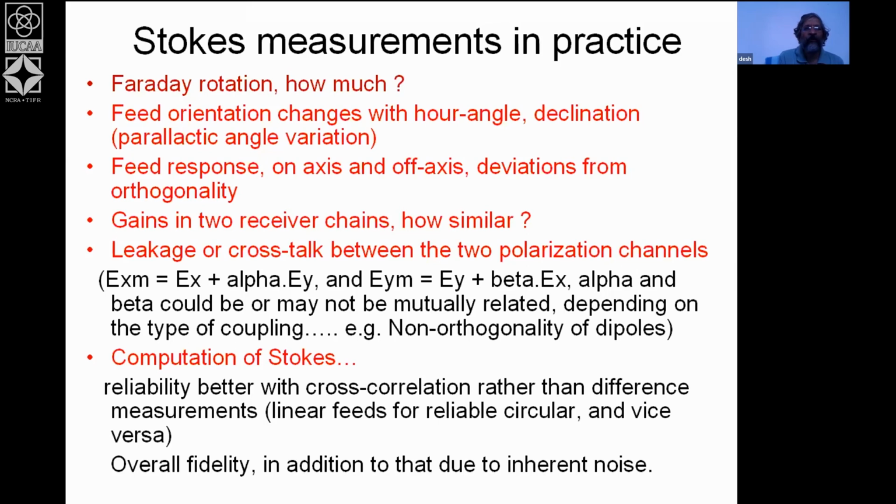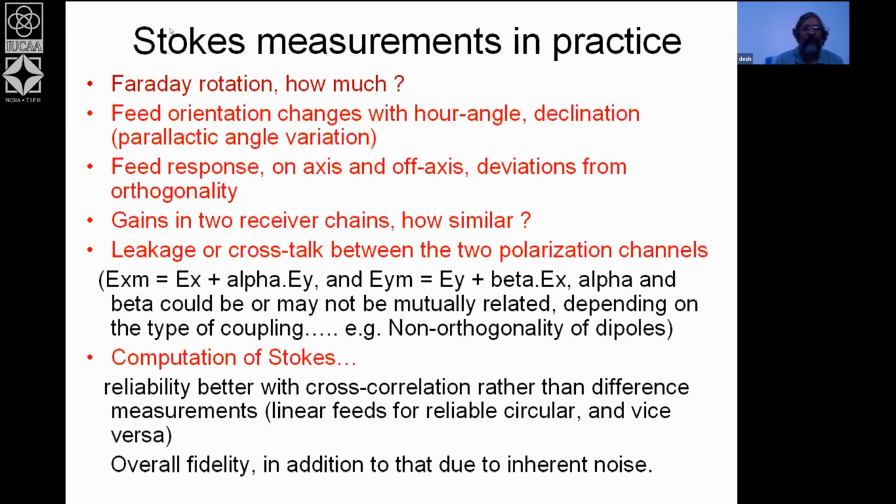We also need to know the way we have treated these signals, how our feed was oriented. For example, if these were the two senses of polarization associated with my nose and lips, while I was looking at the source, I might have rotated my head in certain ways, and the relative orientation of the source field oscillation may be differently viewed by me when it was close to the horizon, with respect to when it is overhead and when it is about to set.